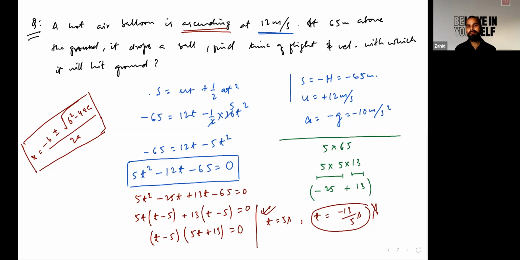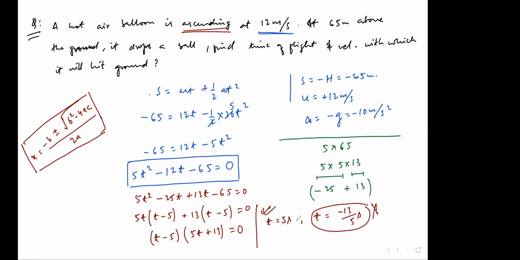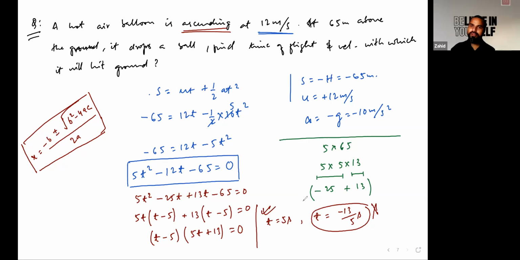Okay, Ba, is it similar to what we have obtained? Yes, sir. Okay, just use the first equation of motion. We have initial velocity, we have acceleration, and we have time. Try to find the final velocity with which the ball will hit the ground.